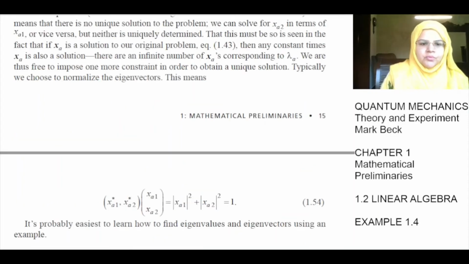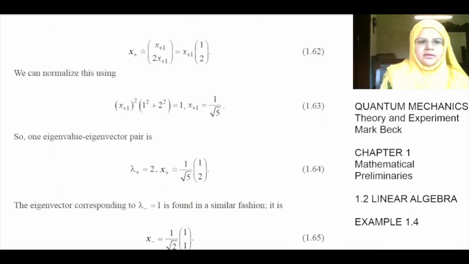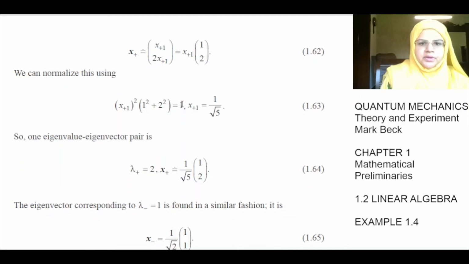We will use equation 1.54, which says row xa1 conjugate xa2 conjugate times vector xa1 xa2 is equal to mod xa1 square plus mod xa2 square, which is equal to 1. We normalize this using x plus 1 square bracket 1 square plus 2 square is equal to 1.